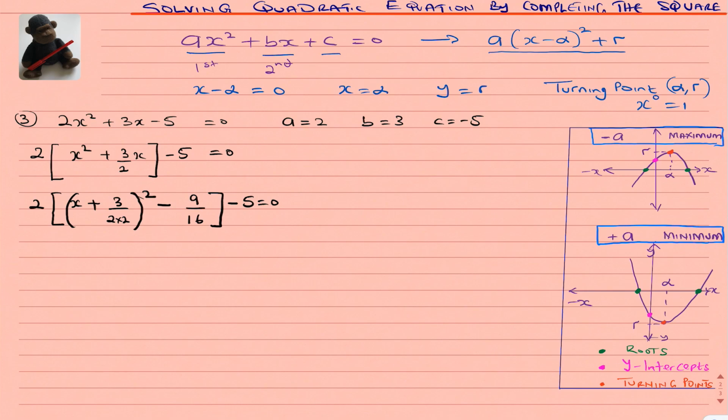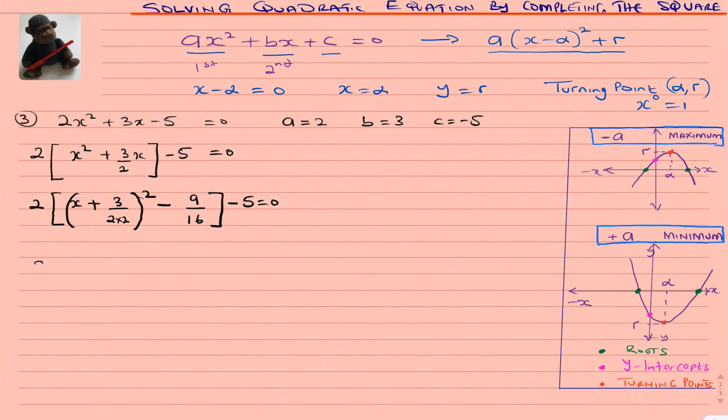So what have we done? First of all, we prepare for completing the square, so that the a in the x squared is 1. In this case, a is 2, so we take out 2, and then we apply completing the square. Now we multiply everything in the square bracket by 2 to open the square bracket.